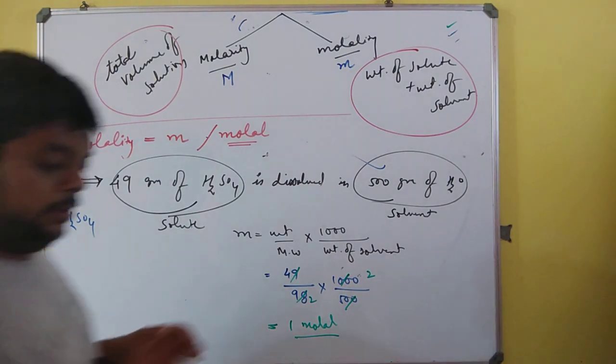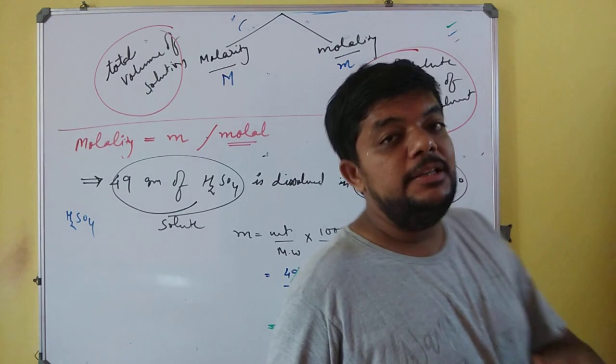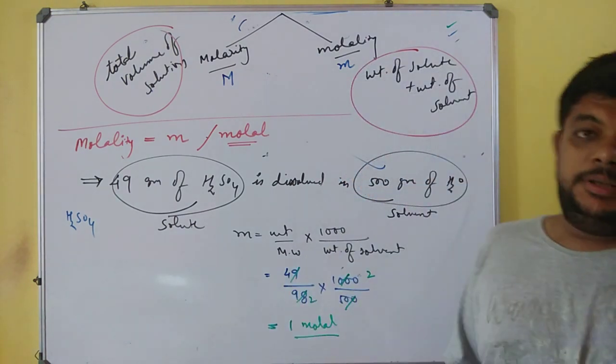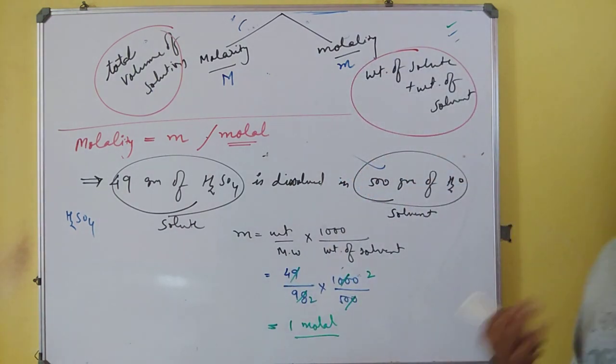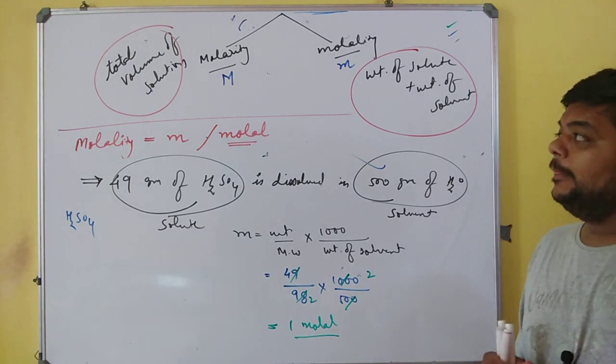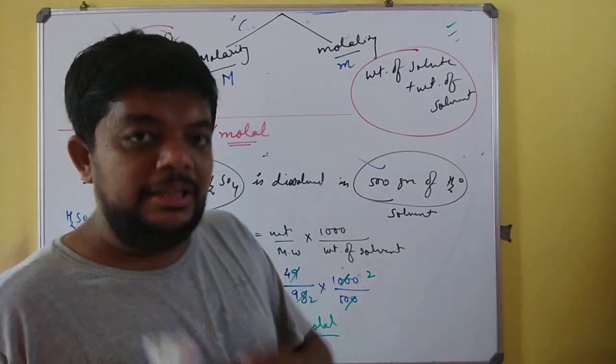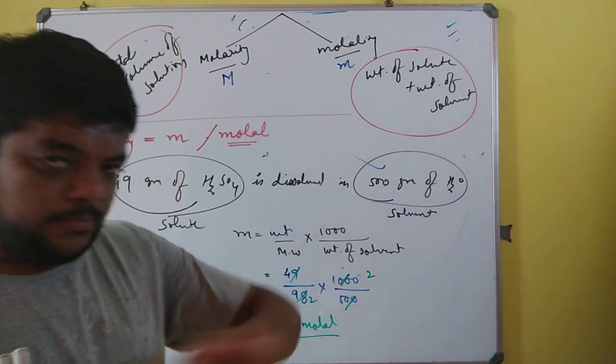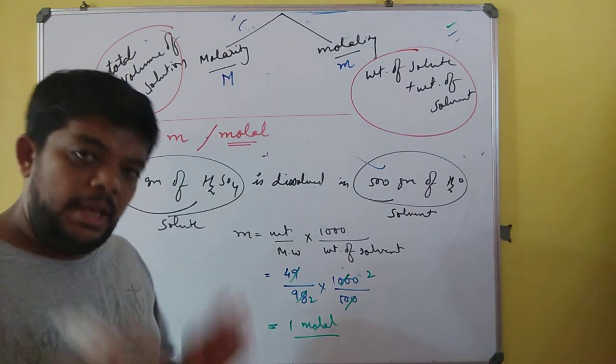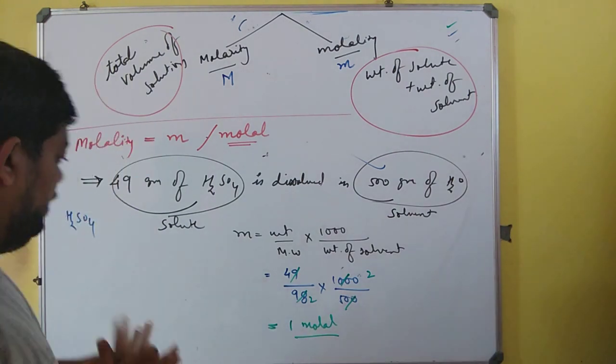Now we are just going to modify the question in a different way to make the concept of molality much clearer. Always remember one thing: if it is in gram, then all the terms are in gram; if in ml, all the terms are in ml.